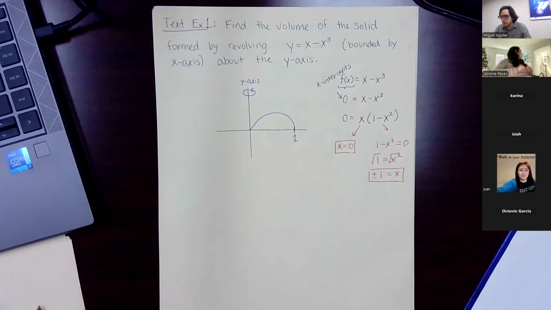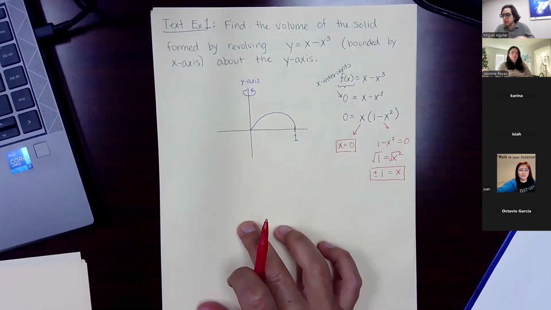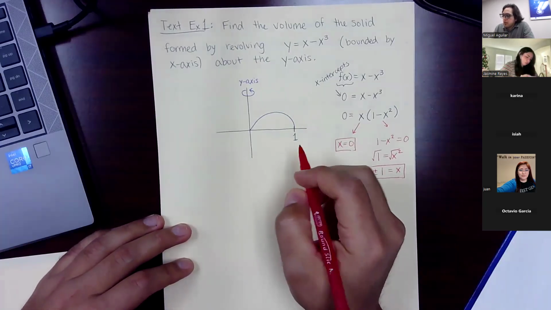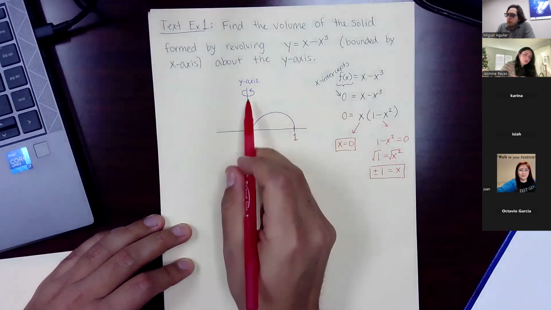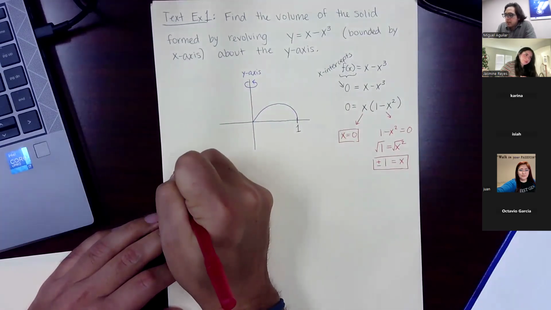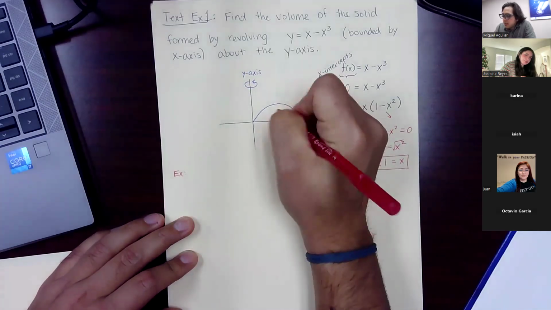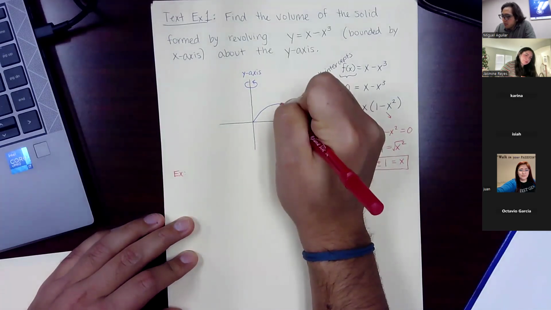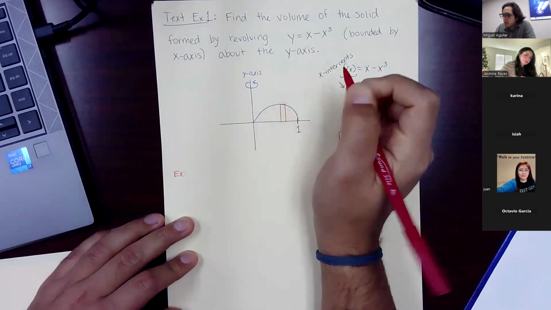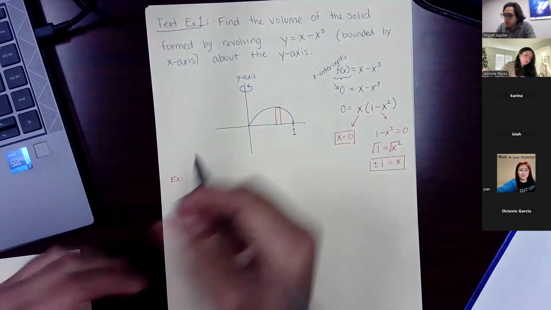So let's think about how that shell is going to look as we're drawing this picture. What the shell is going to look like if we're revolving it around the y-axis is, here's just an example of the shape. Let's say we make a characteristic little rectangle here, and then revolve that around the y-axis.